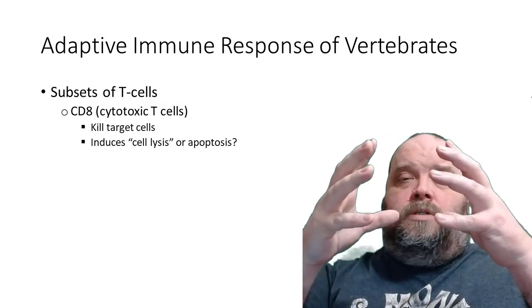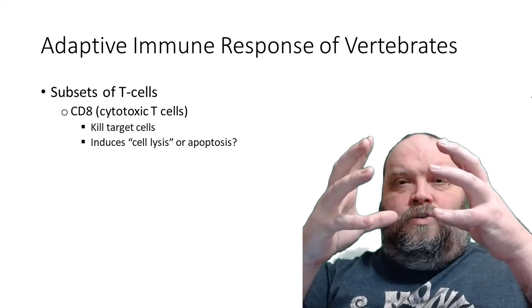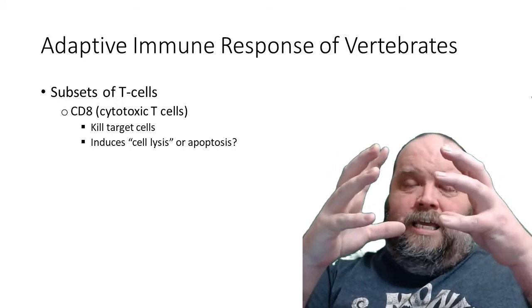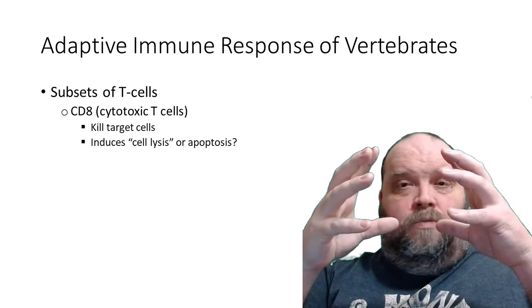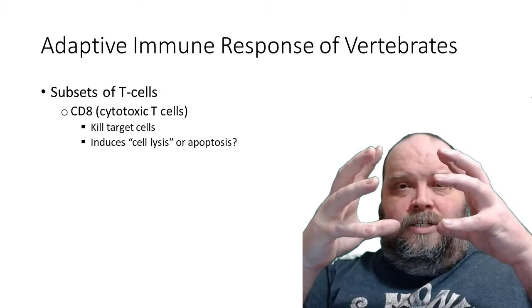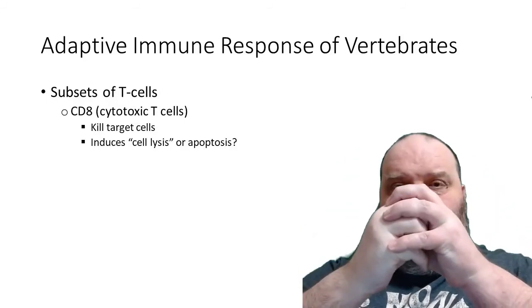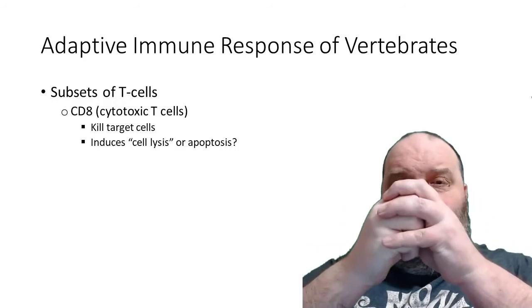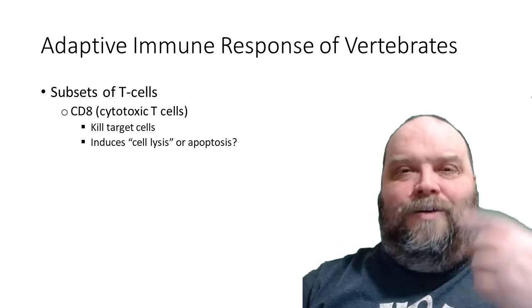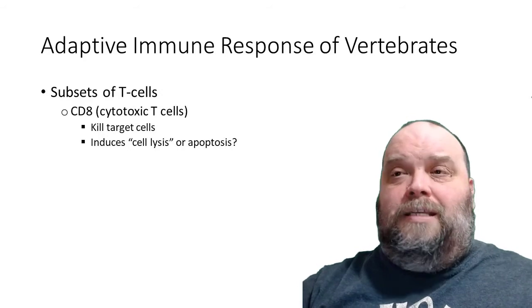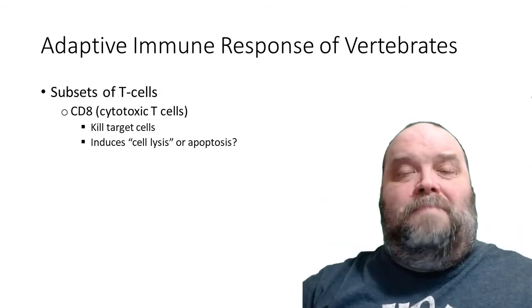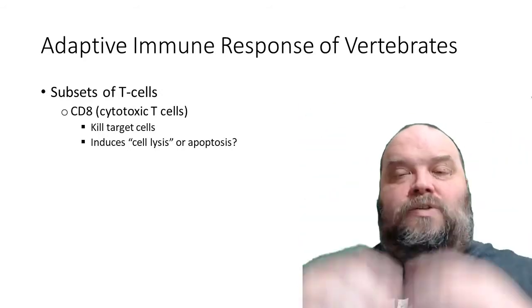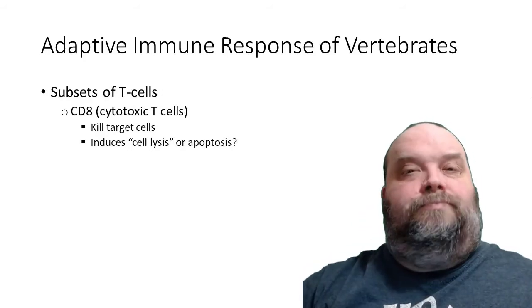Apoptosis tells that cell to start chewing up its own DNA, chewing up all of its own proteins and whatnot, and then to collapse in on itself, trapping the virus, the bacteria, the parasite within it, so that a macrophage can come in and phagocytize the collapsed cell.